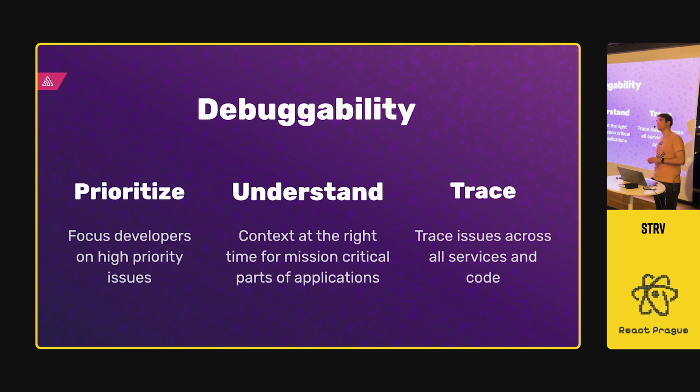part of the debuggability process is tracing, because many of the errors that we see both on web and in React Native might be failed requests, and the core of the issue is actually lying somewhere on our backend, behind our APIs, in microservices.